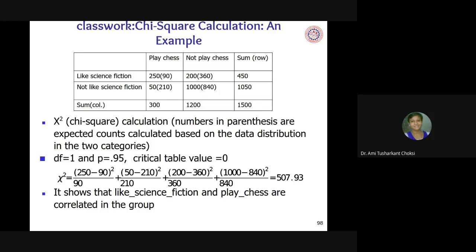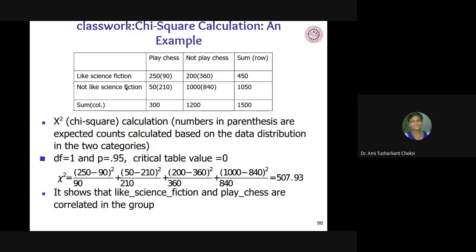So now we want to calculate the chi-square, and then from the critical value table, we need to compare the value, check whether it is greater or less, and we can say whether we should accept the null hypothesis or not. Fine?